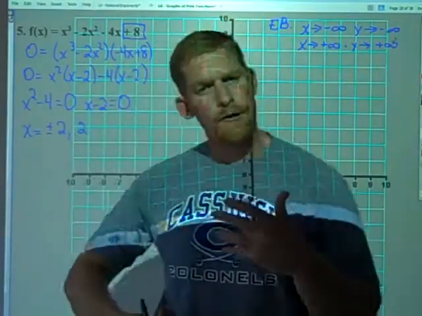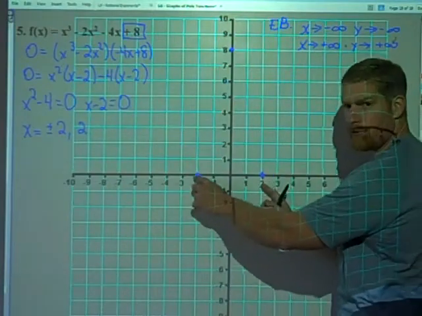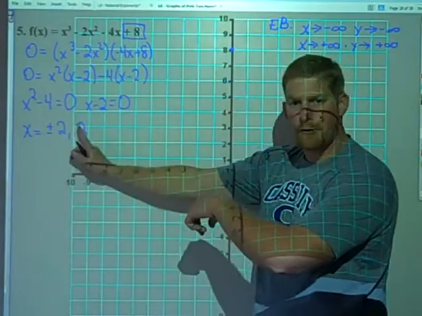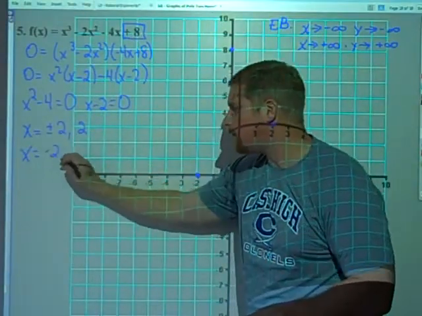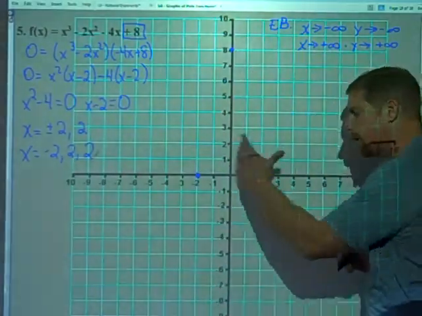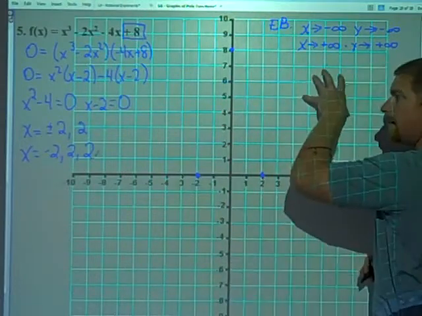Now this is going to be kind of weird to think about because look at this graph. We've only got 2 places for zeros. Now keep in mind the multiplicity of 2 here, positive 2, because my zeros are negative 2, 2, and 2. So something has to happen where I start down here and end up there.